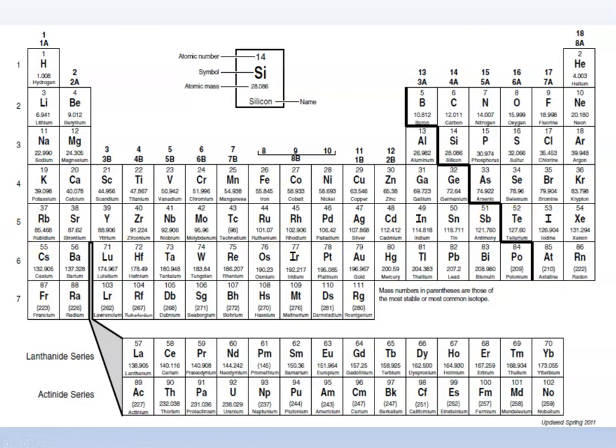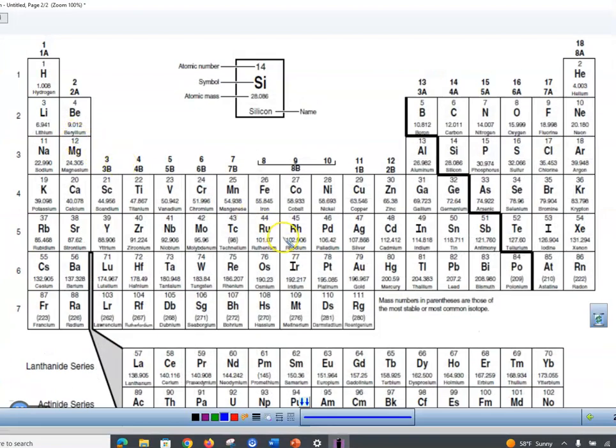So let's just do an example of maybe iodine versus a lithium, and I said down and to the left. Okay, so which one is larger? So I've got one to the far left and one far down.